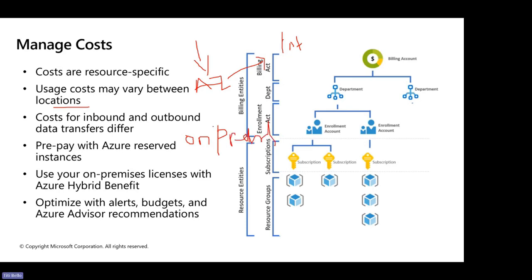So any data from here is coming into Azure, and any data from Azure is outbound from Azure, inbound to Azure. Now, one of it is free, while the other you have to pay for. One is free, it's not charged. The other you have to pay for.